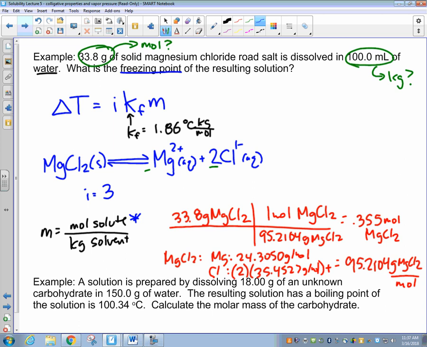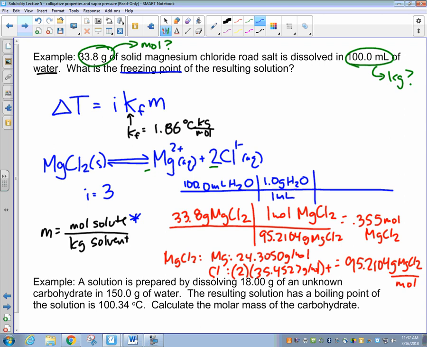Number 2, we need to know the kilograms of our solvent. And here we can set up yet another quick monorail. We recognize that we have 100.0 milliliters of our water. And this time, we recognize that our density of water is generally 1.0 gram of H2O, or close enough to it, per milliliter of solution.